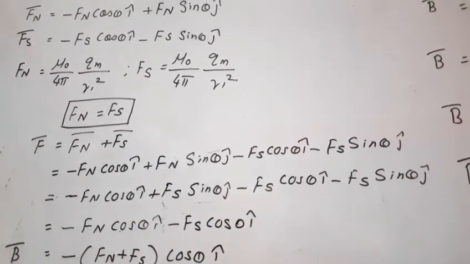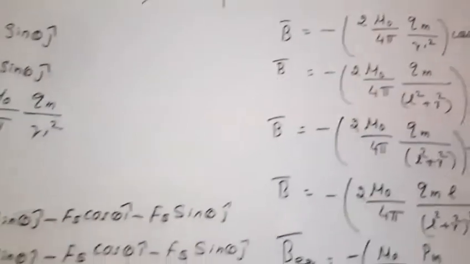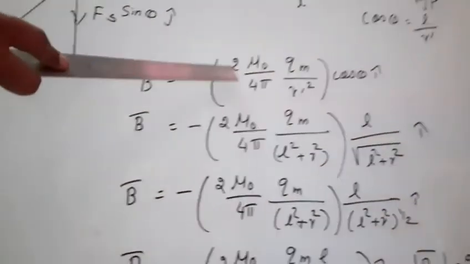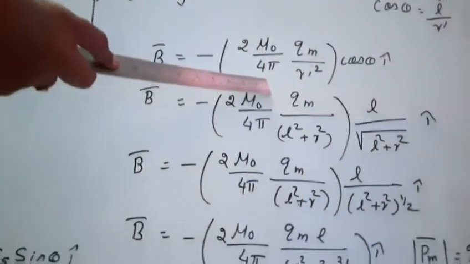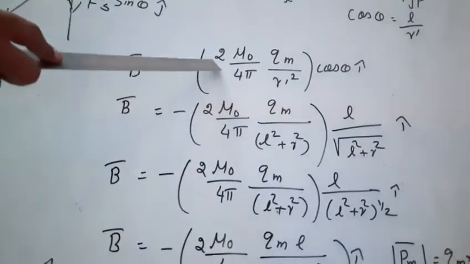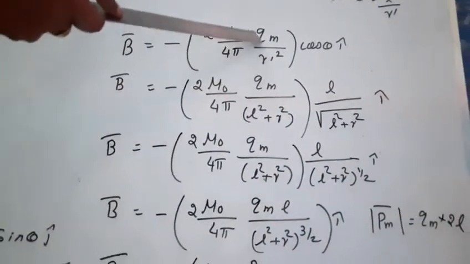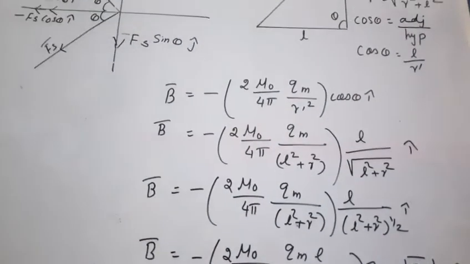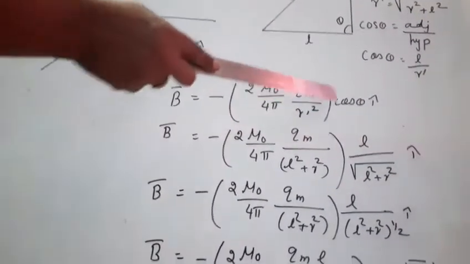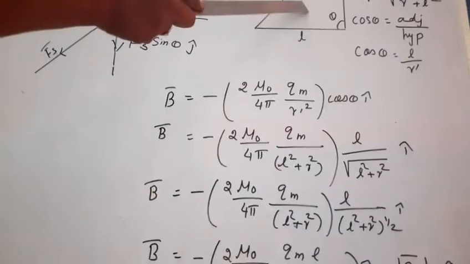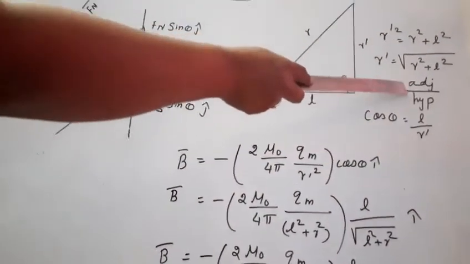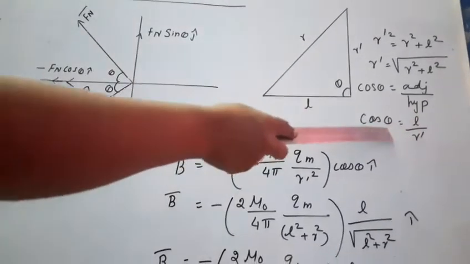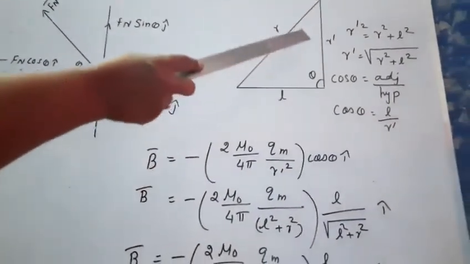Already we know that F we can consider as the B vector. Therefore, B vector equal to minus, inside we write the Fn and the Fs value. So the same value we write, 2 mu naught by 4 pi Qm divided by R dash square into cos theta i cap. And already we know the cos theta value from this triangle, this is theta angle, which means cos theta equal to adjacent side by hypotenuse, so cos theta equal to L by R dash.